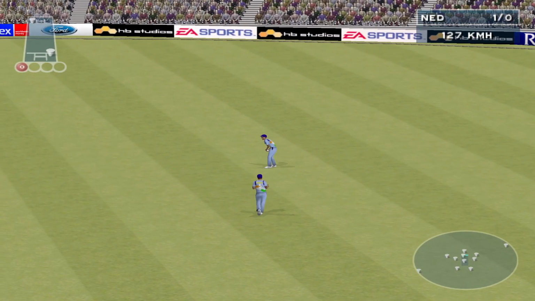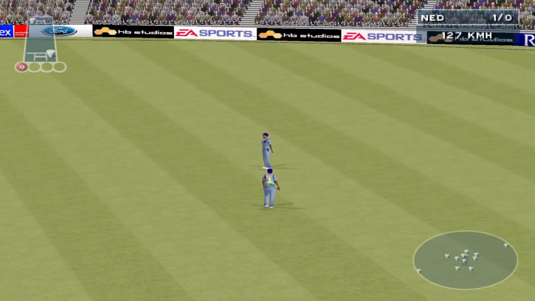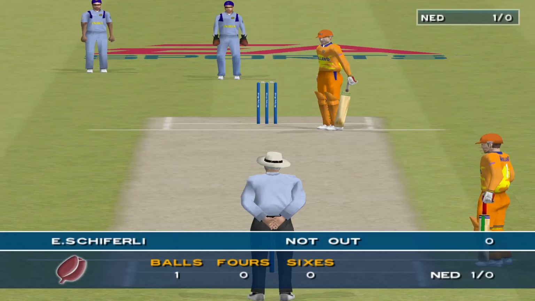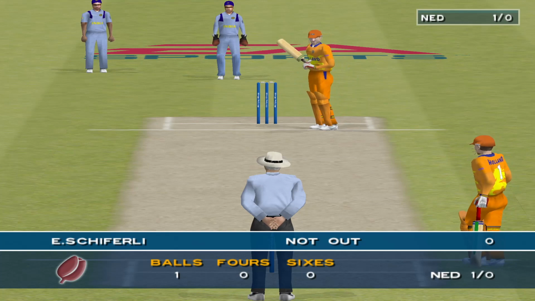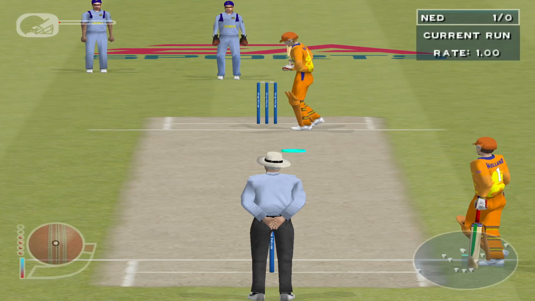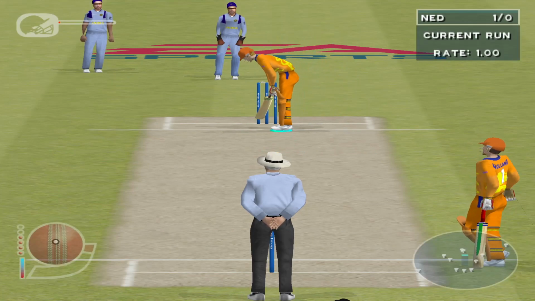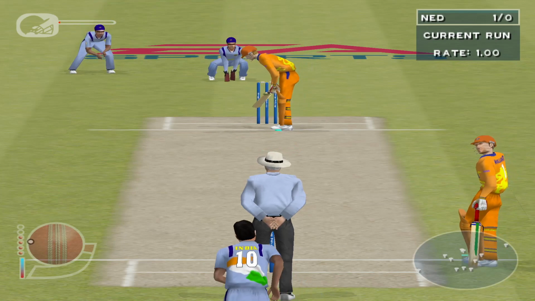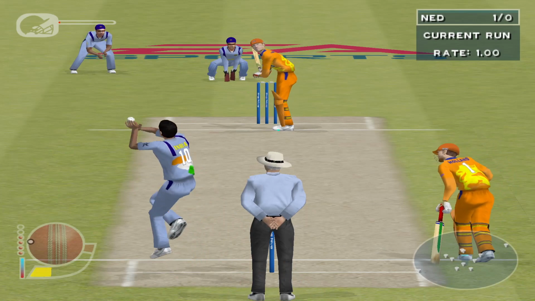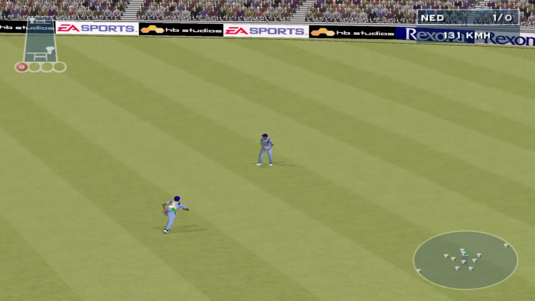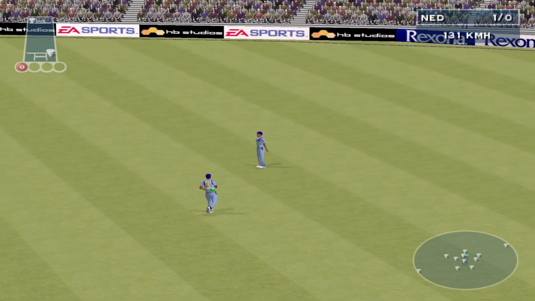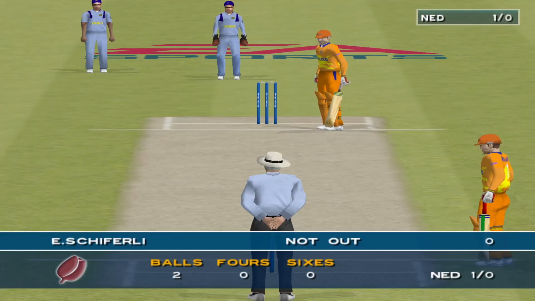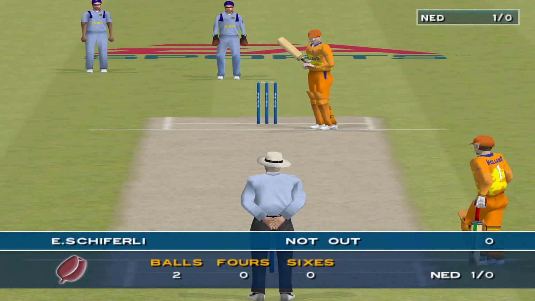Hit straight to a fielder. Shafirli waiting at the striker's end. Hit straight at Kumble. Shafirli waiting at the striker's end.